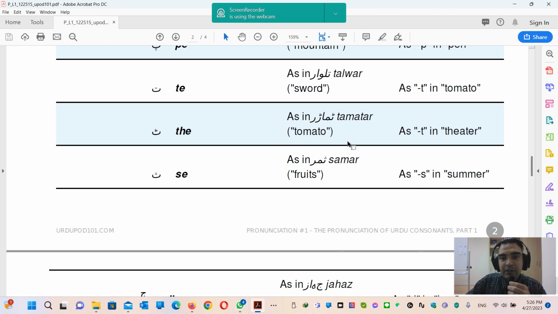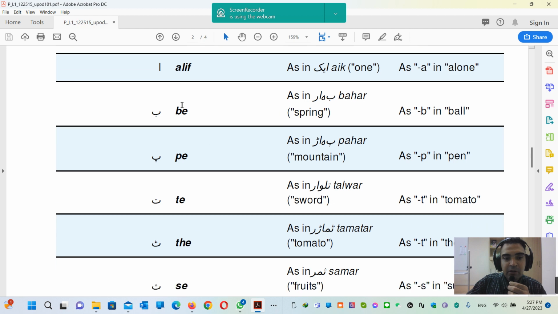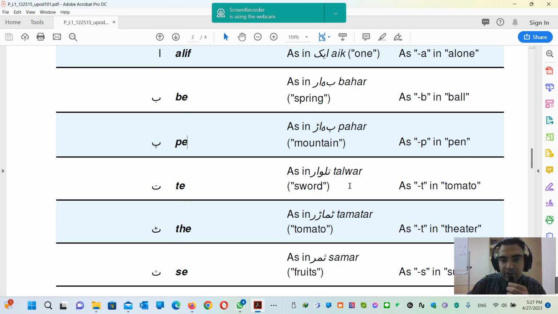Its primary use in Urdu is in words such as tamatar, which means tomato in English, as T in theater. When we want to compare the sounds between English and Urdu, it is just like that. So the letters we have reviewed so far, let's repeat them again. Alif, Be, Pe, Te. Te just like talwar.